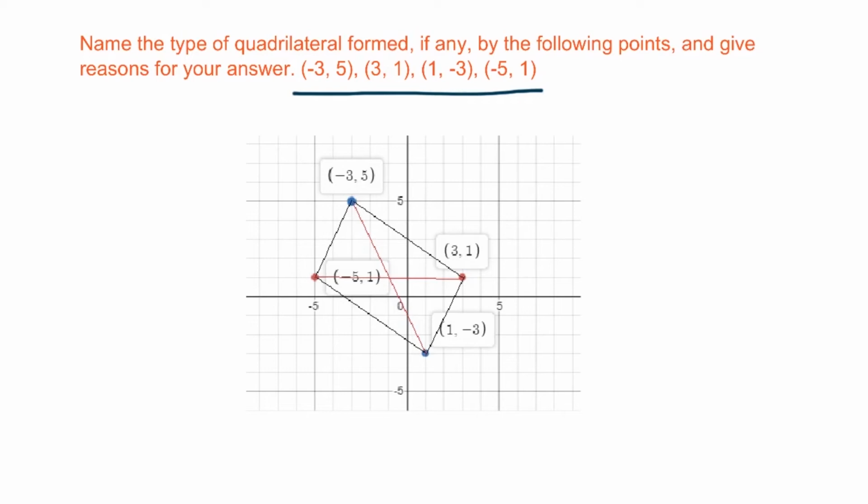So in a parallelogram opposite sides are equal, and even in a rectangle opposite sides are equal, but in a rectangle the diagonals are equal. In a parallelogram the diagonals are not equal. So let us find the lengths of all four sides of the quadrilateral and the lengths of the diagonals. Then we can come to a conclusion about which type of quadrilateral this is.